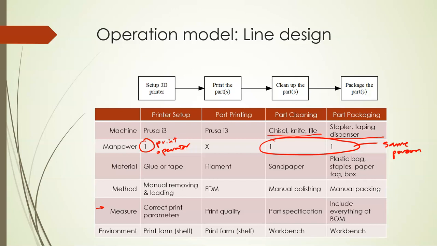The other thing I'd like to point out is that in this one, we only had two stands. One is the shelf, which is the print farm. Another one is the workbench, which is used for cleaning and packaging parts. And it could be just a 6 feet table, maybe with a chair.